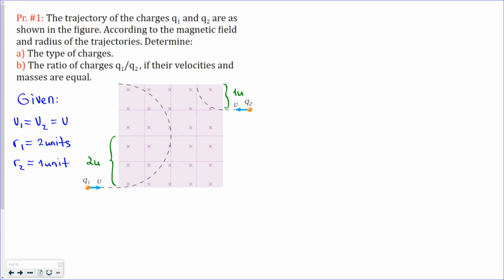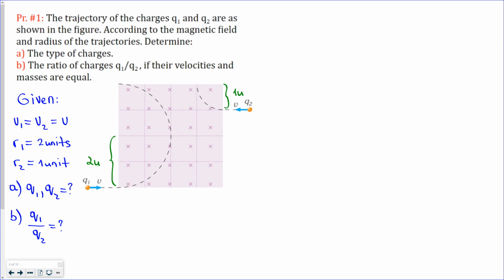And in part A we're asked to find the type of charge, whether it's positive or negative. Not the magnitudes, just the type of the charge. At part B, we're asked to find the ratio of the charges. Q1 over Q2 is equal to, it's unknown.